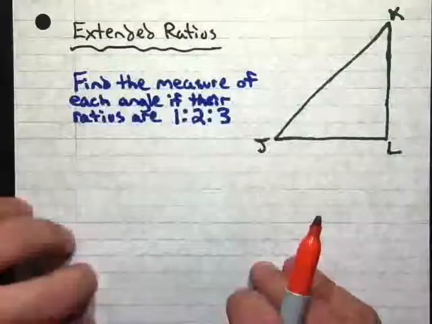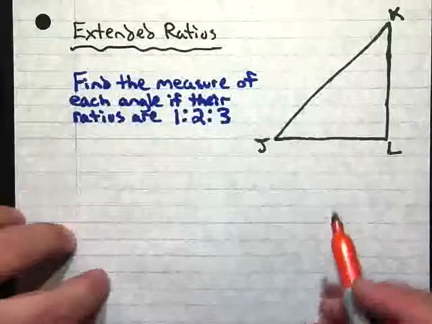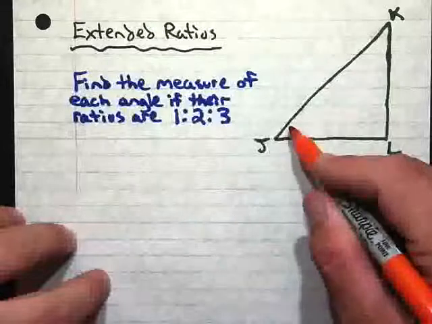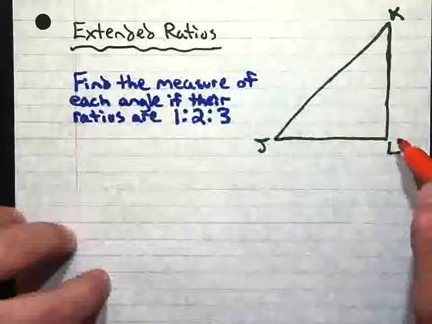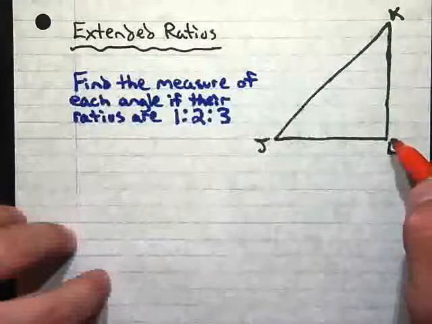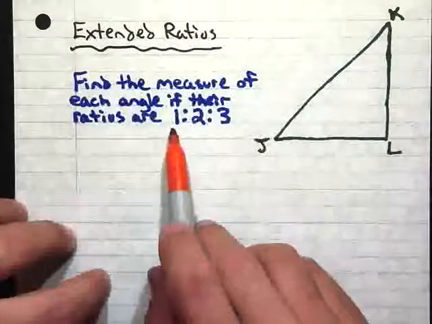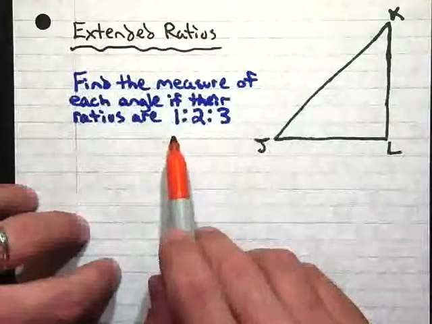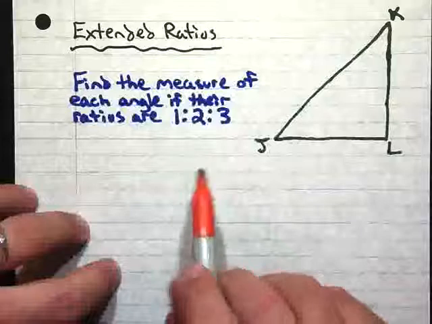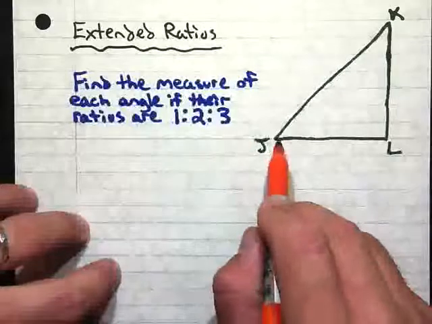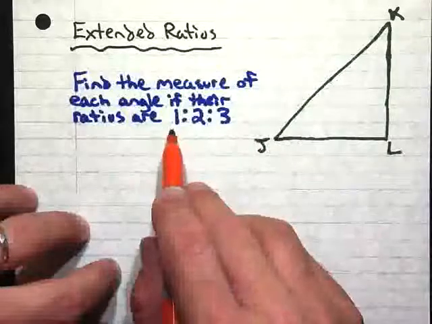Looking at this triangle, you can see that angle J is going to be the smallest angle, and angle L is going to be the largest angle. So we want to do the same thing that we did on the other one. We want to take our ratio and substitute those in for our angles. Since J is our smallest angle, it's going to get the smallest number in our ratio.